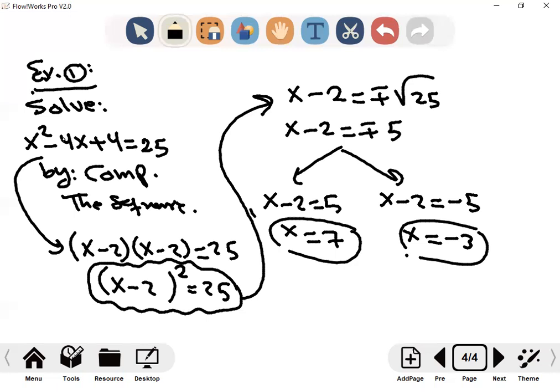What are they? Negative 2 and negative 2. Negative 2 multiply negative 2, positive 4. Negative 2 plus negative 2, negative 4. This is example 1, page 173.